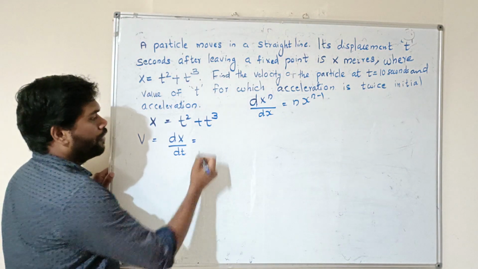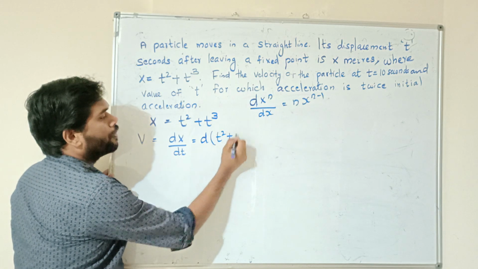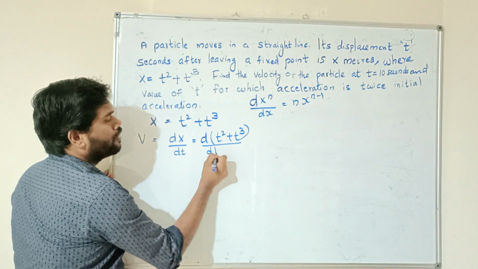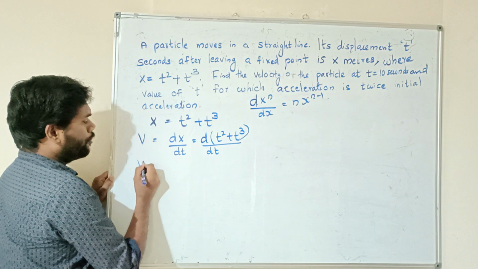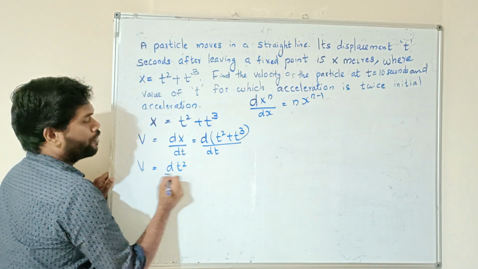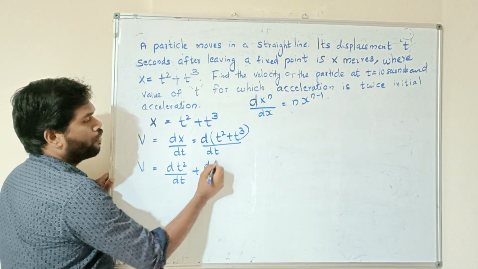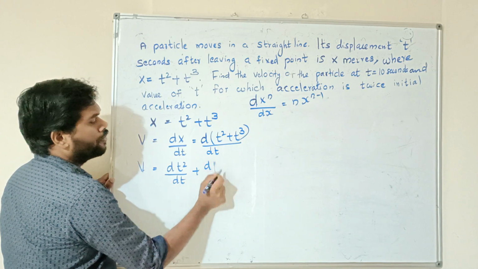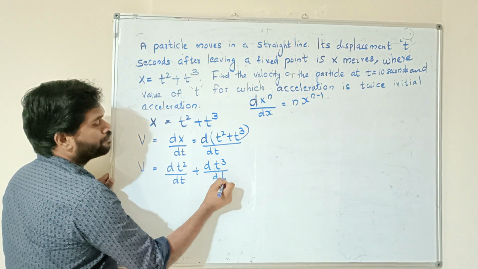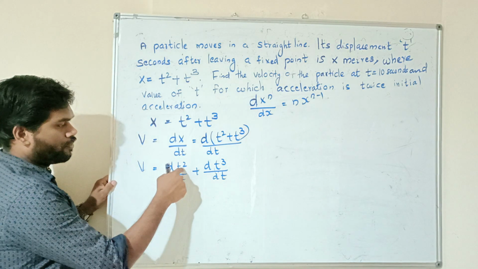So when you apply the value here, x is equal to t square plus t cube, so v is d of t square plus t cube by dt. When you open the bracket, this will become d of t square by dt plus d of t cube by dt. Now when you apply the rule here, in place of n we have 2.